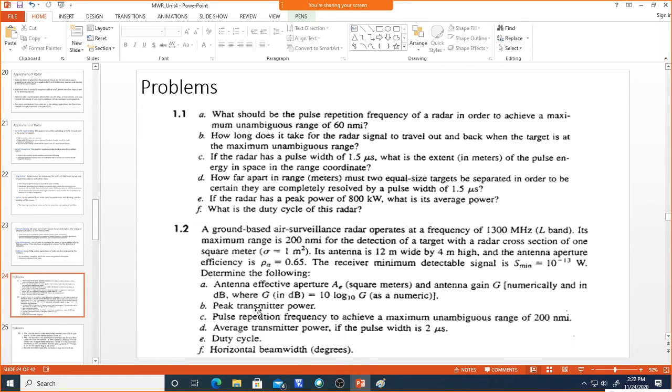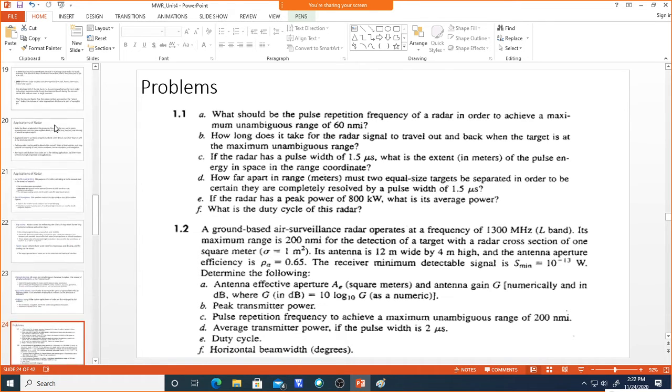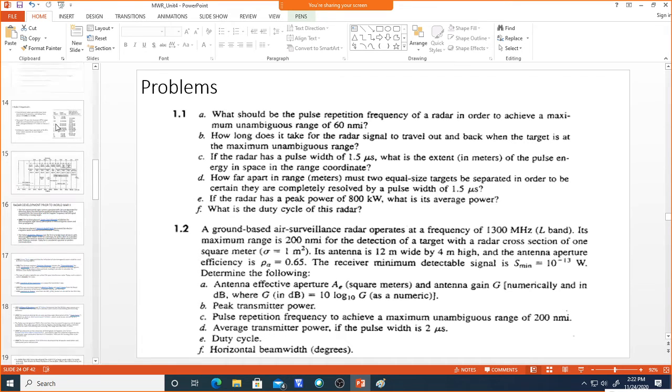So now find out the peak transmitter power. How to find out peak transmitter power? We know the equation, is any average power given, so that we can find out the peak transmitter power, or we can use the radar range equation. In the radar equation, see what all the parameters are there.